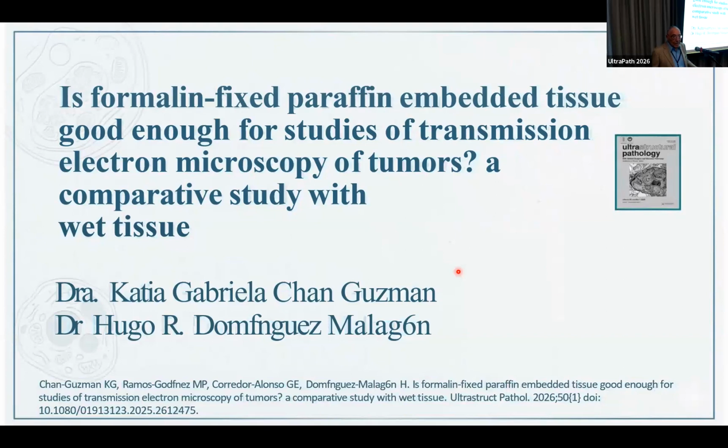But the question is, is the paraffin embedded tissue good enough for electron microscopic studies? And can you do retrospective studies in formalin fixed tissue, like you do immunohistochemistry and sometimes molecules for the same purpose?